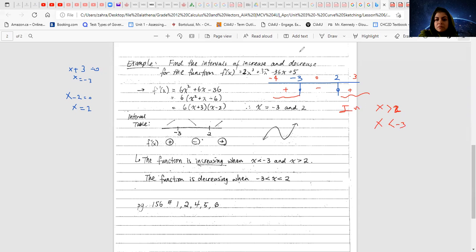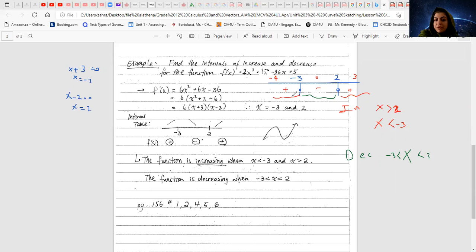So this is increasing. And the decreasing interval is when your f prime is negative. So this part. So x is between negative 3 and 2.